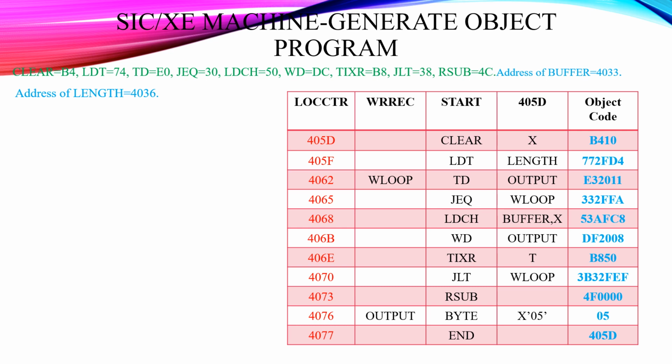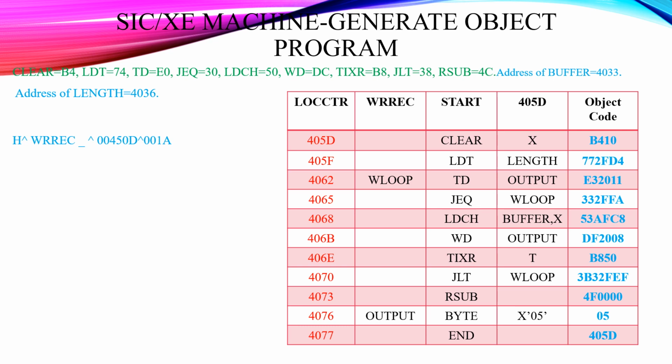The first field consists of the program name. Here in this program, the starting program name is WRREC, so we need to write WRREC. The next column will be blank. And the next, we need to write the starting address, the location counter of the starting address.